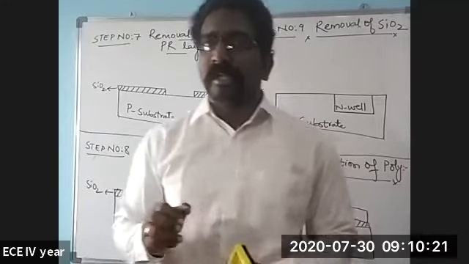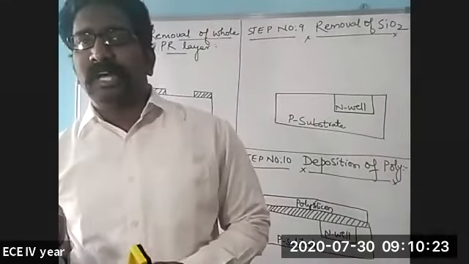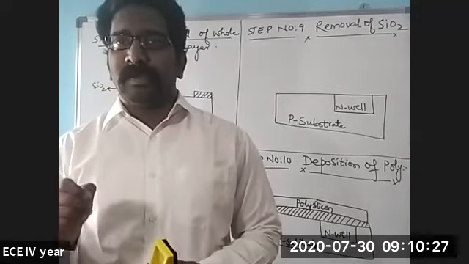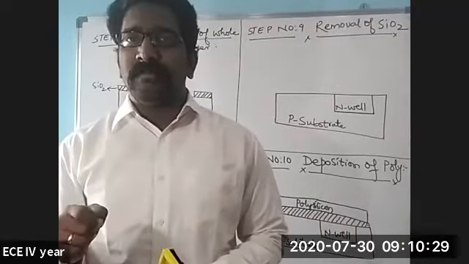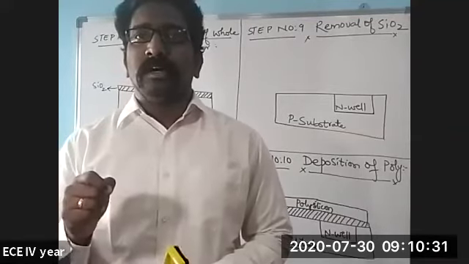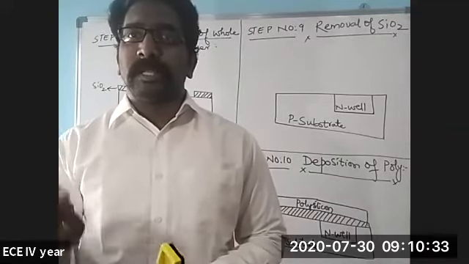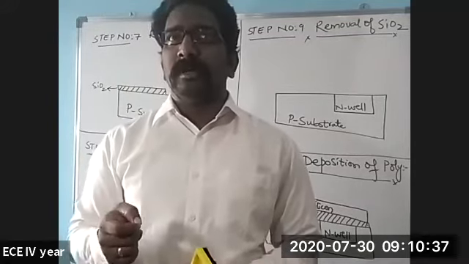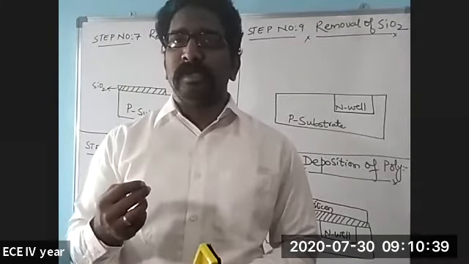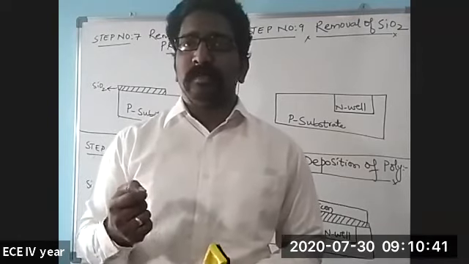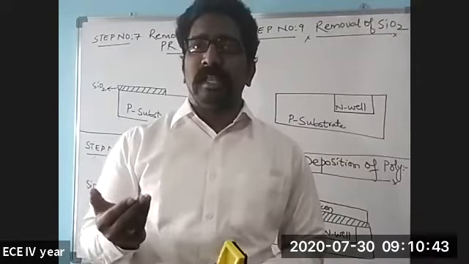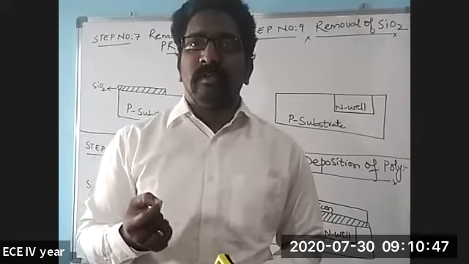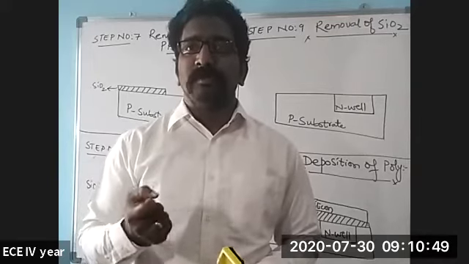Because if any kind of misaligning of a gate material takes place, that misaligning can cause parasitic capacitances. It means that if any kind of parasitics have been formed during the formation of gate material or any of these layers, then definitely those parasitics will degrade the performance of the device.